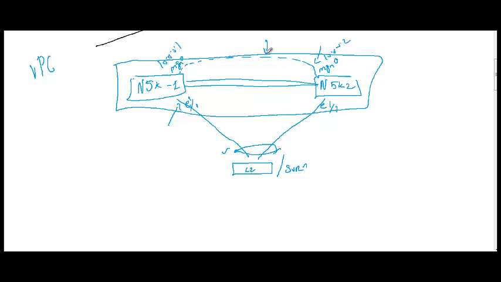So this is going to be used as the Keepalive link. Management 0. And let's say this one is Ethernet 1/2, Ethernet 1/3, and these two are going to act as peer link.